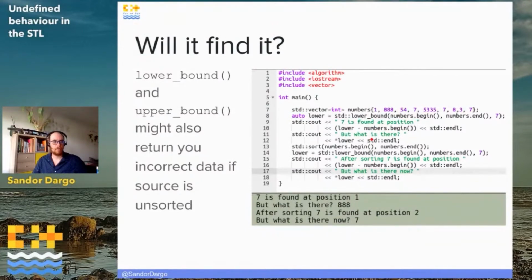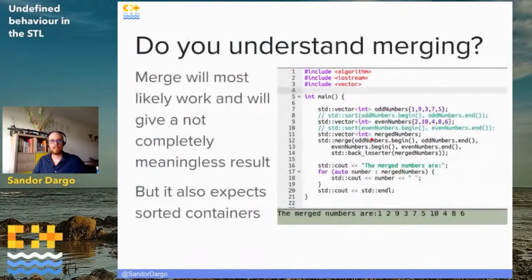And there is one more like that I want to mention, which is merge. Well, merge will most probably work, and it will give you a result that you might argue makes kind of sense, if you are not sure what to expect.